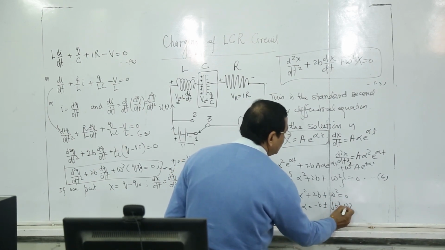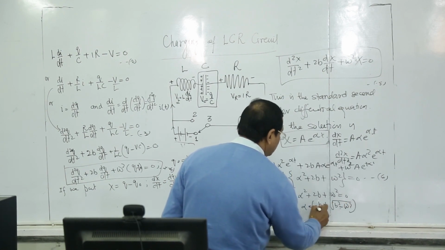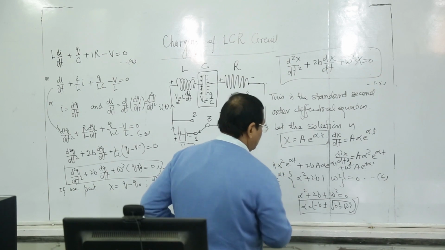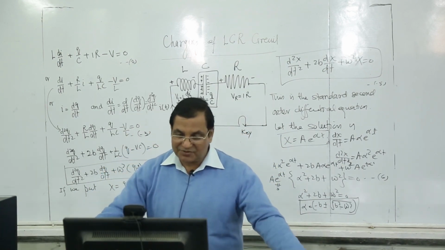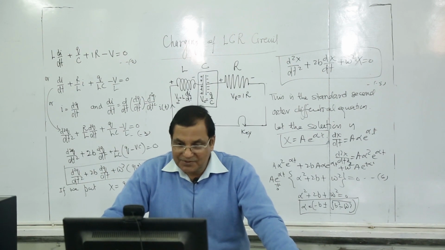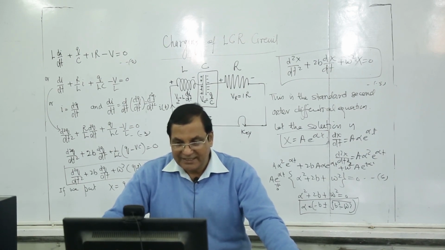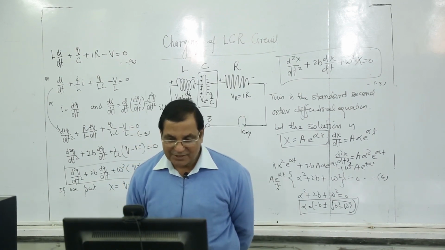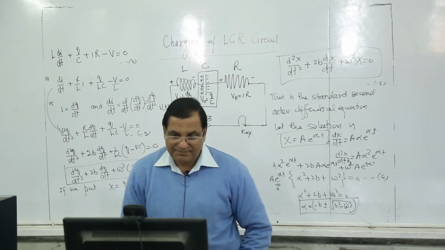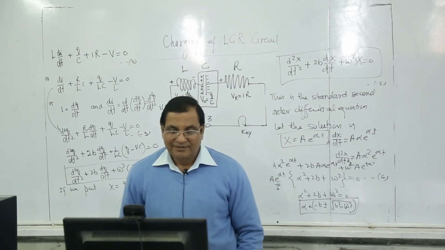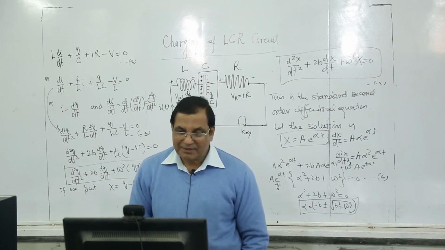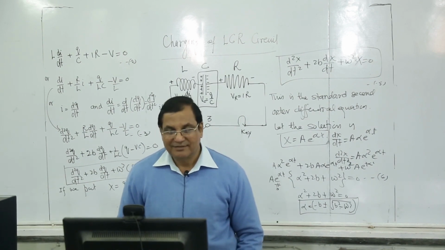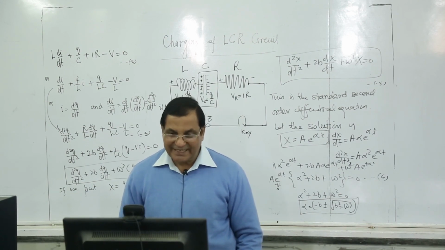Then the solution is x is equal to a e raised to the power alpha 1 t plus b e raised to the power alpha 2 t, where alpha 1 is minus b plus under root b square minus omega square and alpha 2 is minus b minus under root b square minus omega square. From this we have to find the constants a and b.